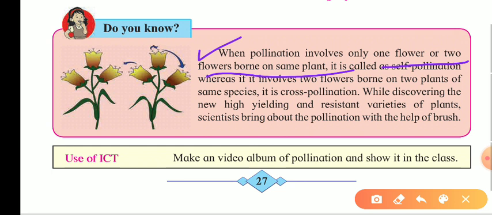When two different flowers on the same plant pollinate between themselves, it's called self-pollination. Whereas if it involves two flowers born on two plants of the same species, it is cross-pollination. While developing new high-yielding and resistant varieties of a plant, scientists bring about pollination with the help of a brush.